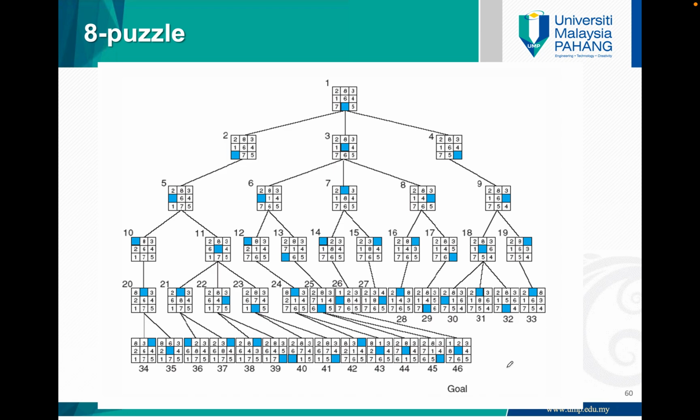You change the blue box position with 6, then with 8, then with 2, and then with 1 again, and you arrive at the goal state. So different algorithms will give you different answers. That's why when you answer questions, make sure to understand which algorithm the question asks you to use.